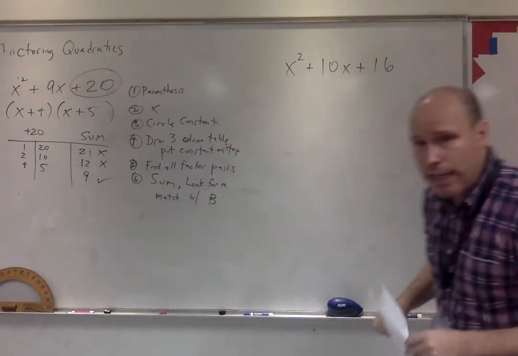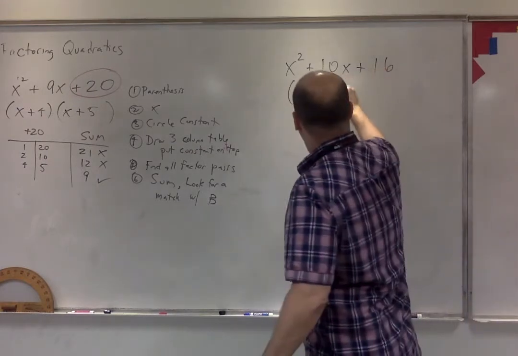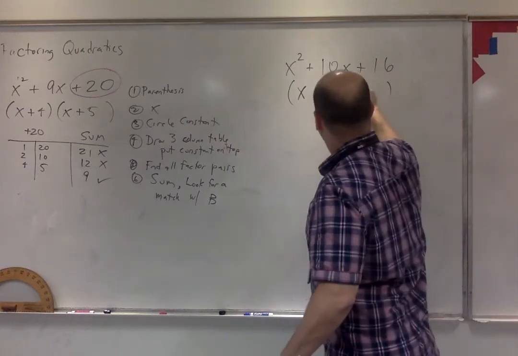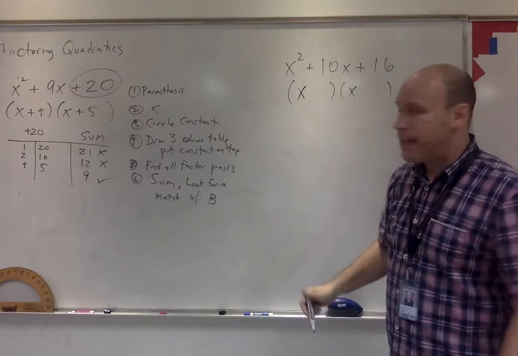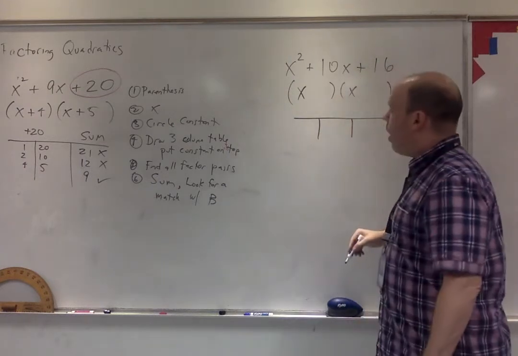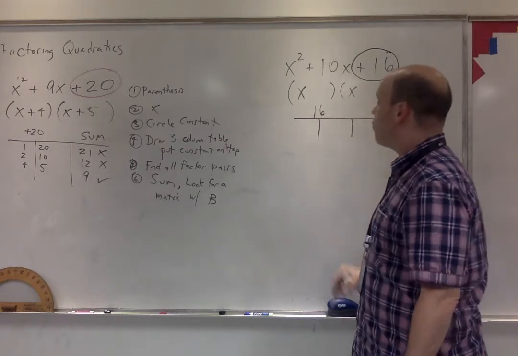I'm telling you, you can factor this. Therefore, get your parentheses down, put your x's in. Let's make a table. I circle the constant and put that on top of my table.